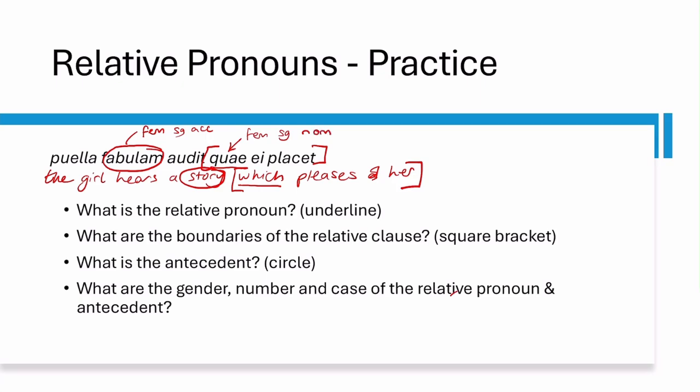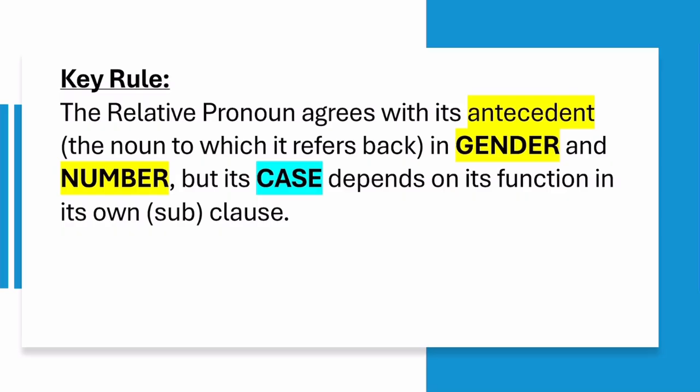It is nominative. Right. As I've said, if we take nothing else away from this video, hopefully you will remember other things, but it must agree, your relative pronoun must agree with the noun it refers back to in gender and number, but not necessarily case.